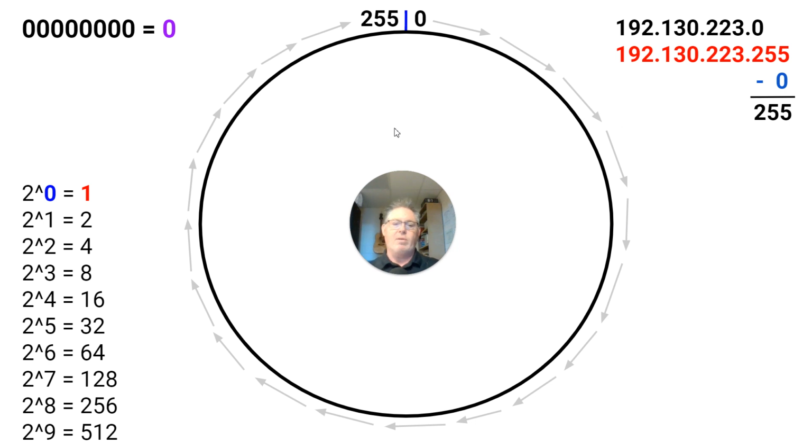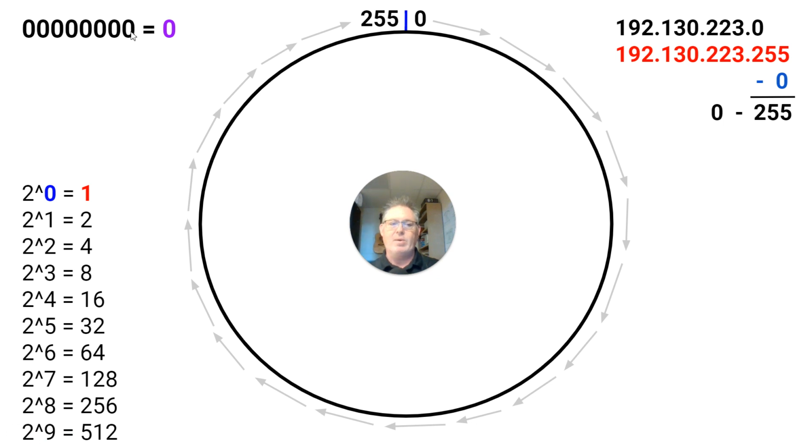So to do the math on how this works, just to understand the process, what we always do is we take whatever the mask is in decimal and we subtract it from the broadcast address of the unsubnetted IP address. So 255 minus 0 in this case gives us 255, which means we're simply going to have a range that begins at 0 and ends at 255, which is 256 total numbers.